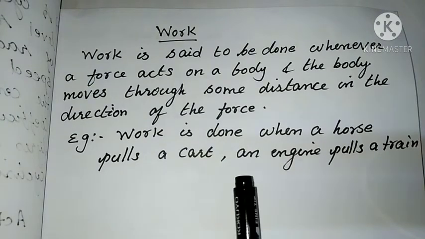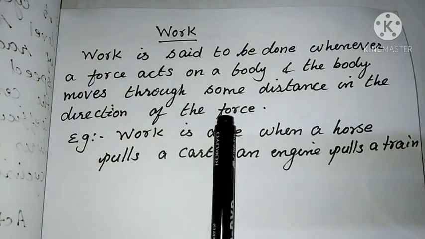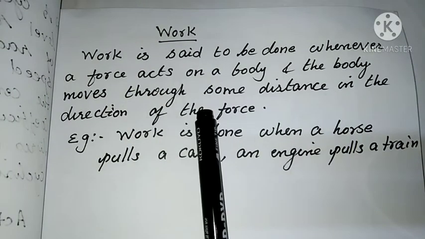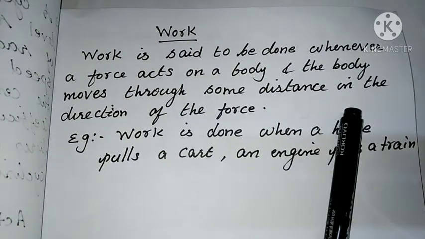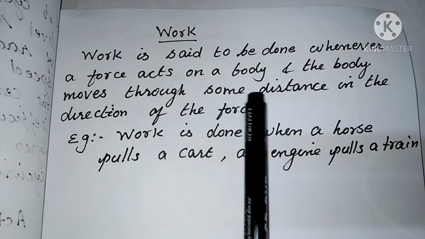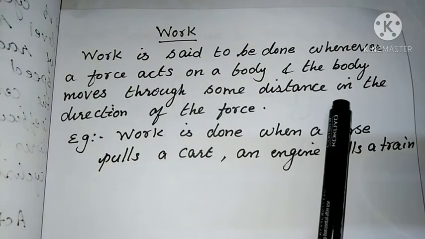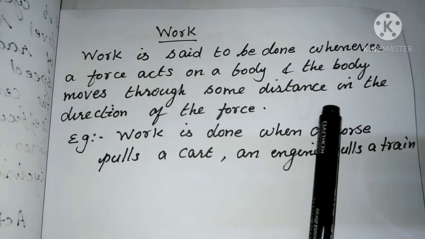First one, a force acts on the body. Second one, the body must move through some distance, and the direction of the force acts in the direction of the displacement or the distance.